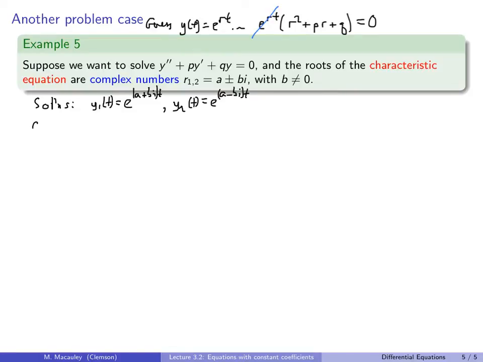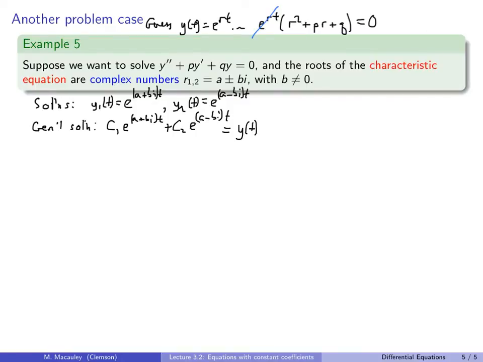And yes, that means the general solution, we've done nothing wrong, the general solution is c1 e to the (a plus bi) times t plus c2 e to the (a minus bi) times t. I forgot to write y of t, but I'll write it here. So this is y of t. So yes, that is correct.